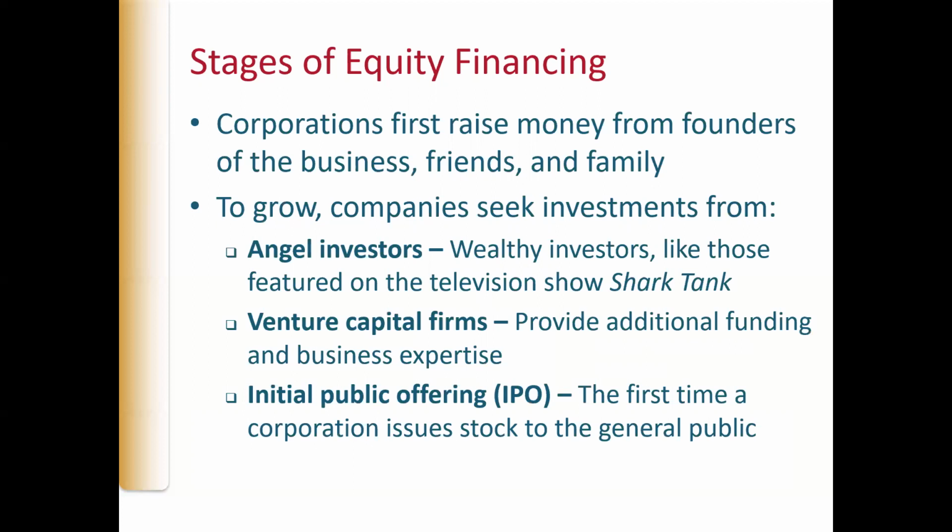The IPO is called an initial public offering, the first time that the company issues stock to the public. Now, to get to that place, there's a lot of work that has to be done. That initial IPO is what really allows the company to gain the capital they need to do expansion.